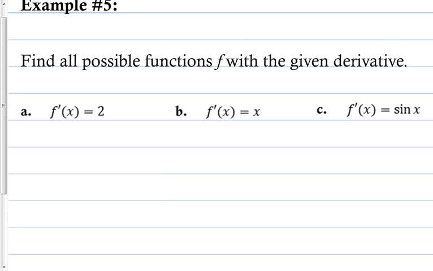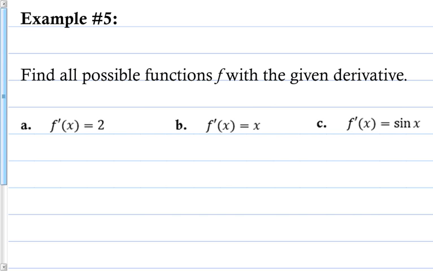Find all possible functions f with the given derivative. So what I'm going to do is I'm going to anti-derive all these equations. First one, f prime of x equals 2. Okay, so this means I already took the derivative and I ended up with the 2. Well, the only way that I could end up with the 2, if this is my derivative, means that my original equation was 2 with a variable, which is x, of course, 2x.